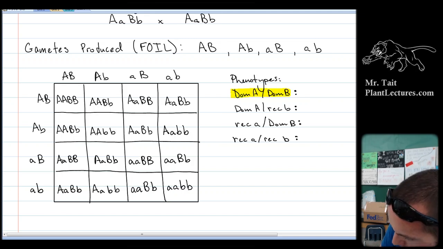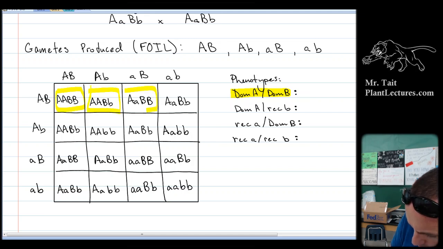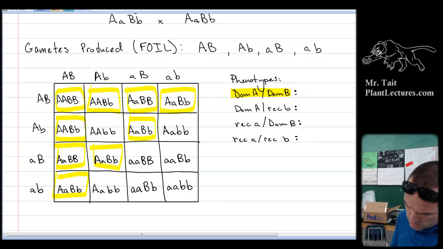So that one's this one, that one, that one, and so on. I think that's it. So I count them up. I got 1, 2, 3, 4, 5, 6, 7, 8, 9, out of 16 total boxes. So that's 9 out of 16.